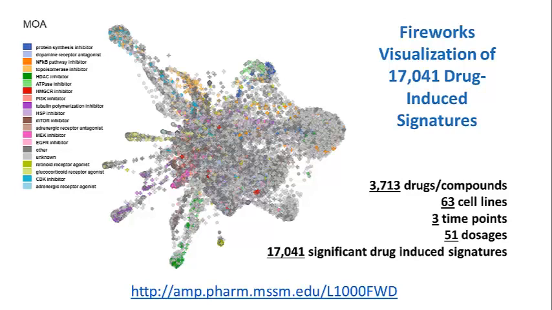Okay? So this green cluster is HDAC inhibitors. So you can see in this map, you only get dark green in this cluster. And it's very concentrated with HDAC inhibitors.